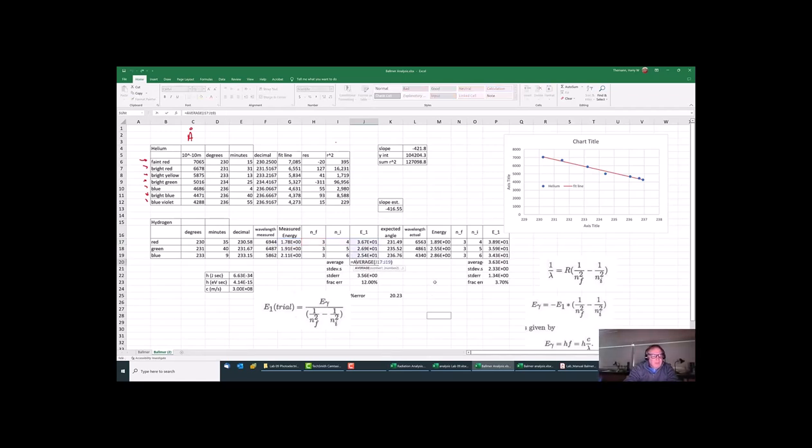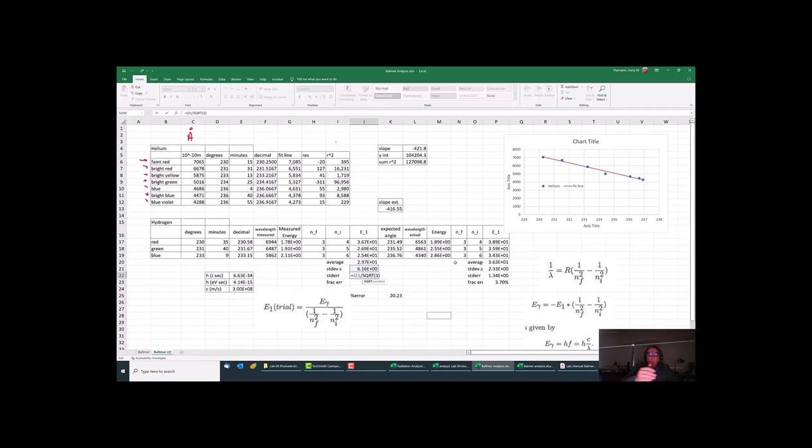We can take the average, and then we can take the standard deviation of the sample. And then we can get the standard error. And I didn't use the count function because there's only 3 measurements, so I put the square root of 3.